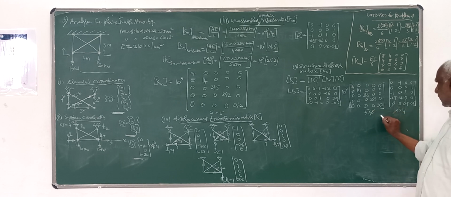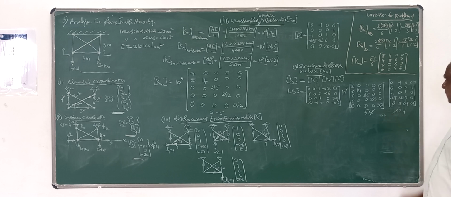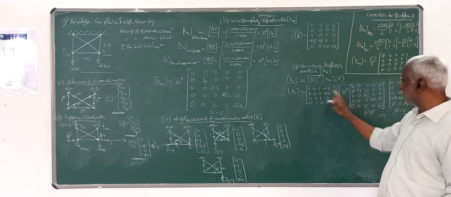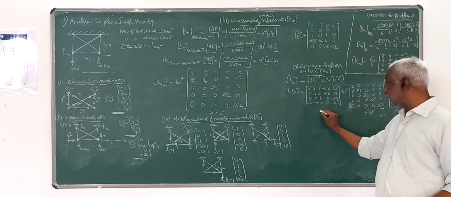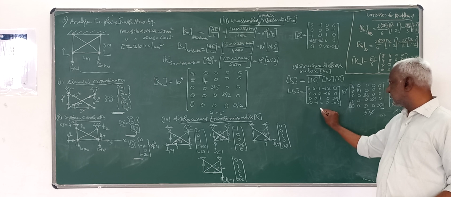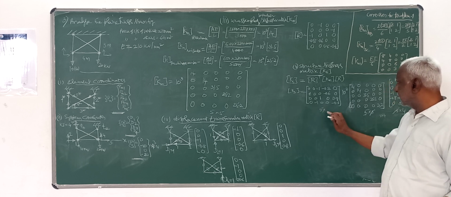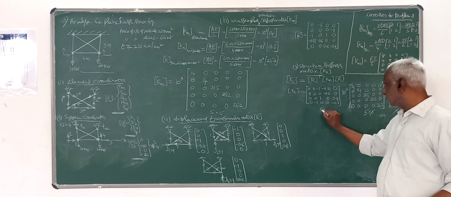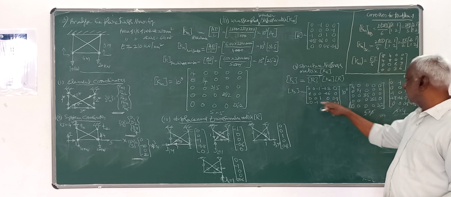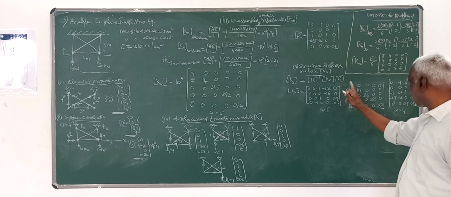R transpose is a 4 by 5 matrix, that is 4 rows and 5 columns.